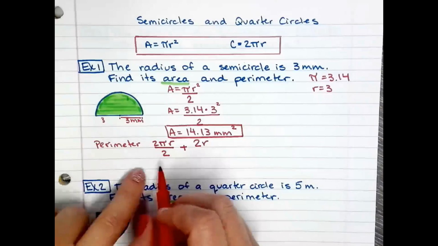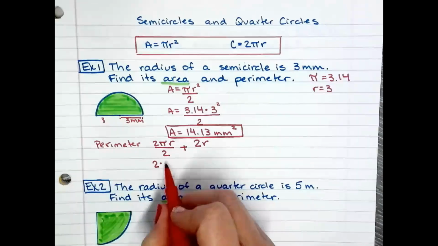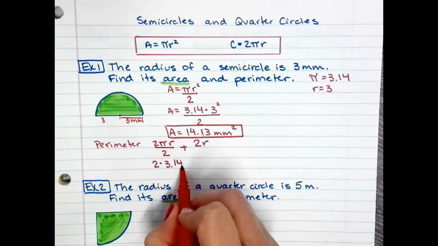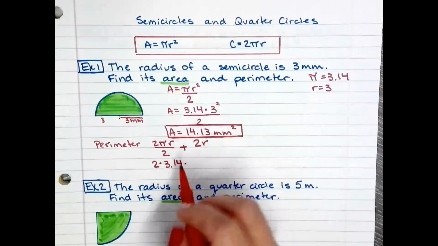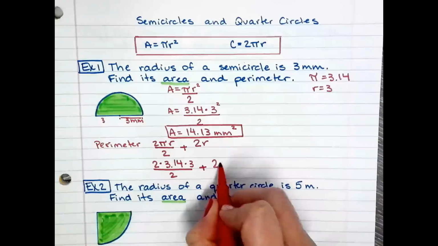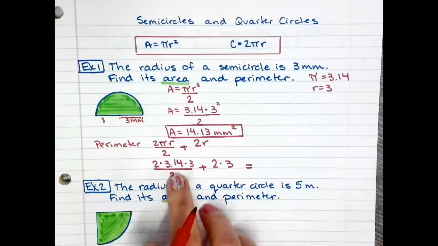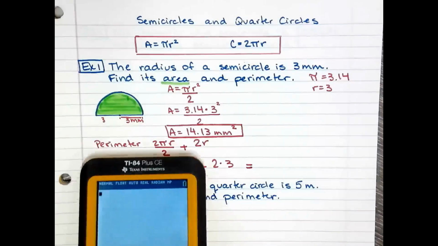Okay, so here we go. 2 times pi, which is 3.14, times the radius 3, divided by 2, plus 2 times the radius, 3. You can choose to put this all in the calculator at once.